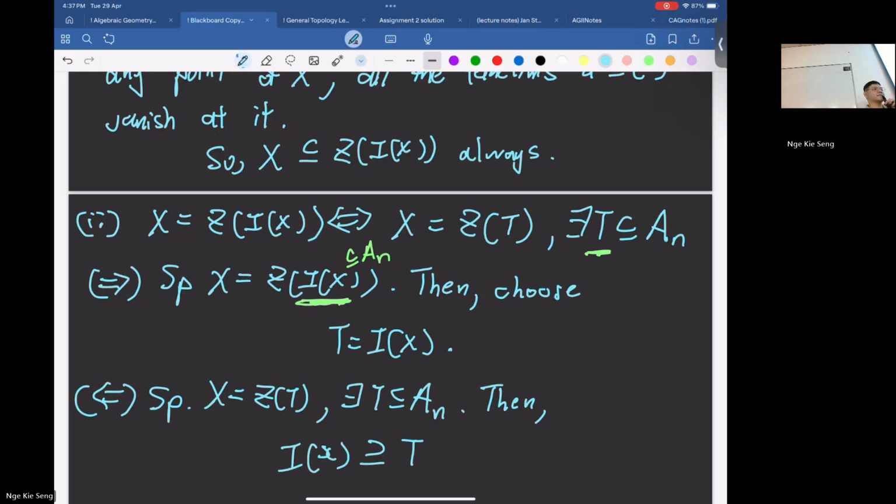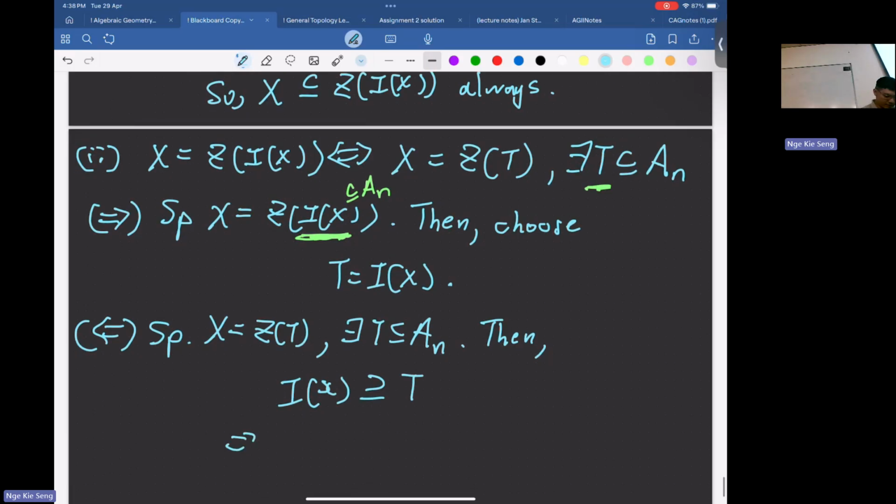Does it make sense? But you see, this Ix contains T already. And Ix is an ideal. So meaning what? The ideal generated by T, you close under addition, close under scalar multiplication. Then it's also living inside Ix. So this also implies that Ix contains the ideal generated by T. So what did you see here?